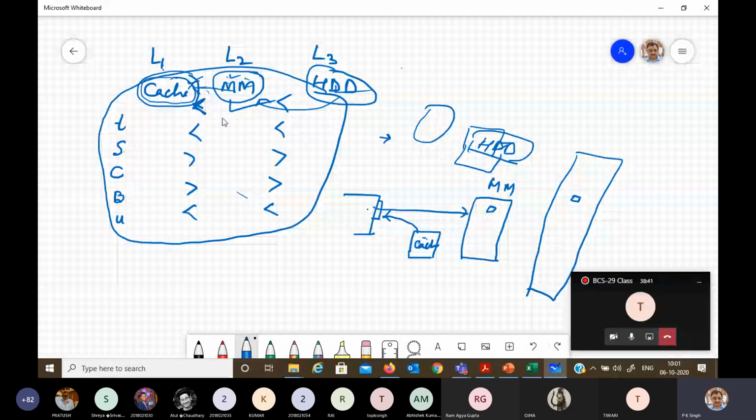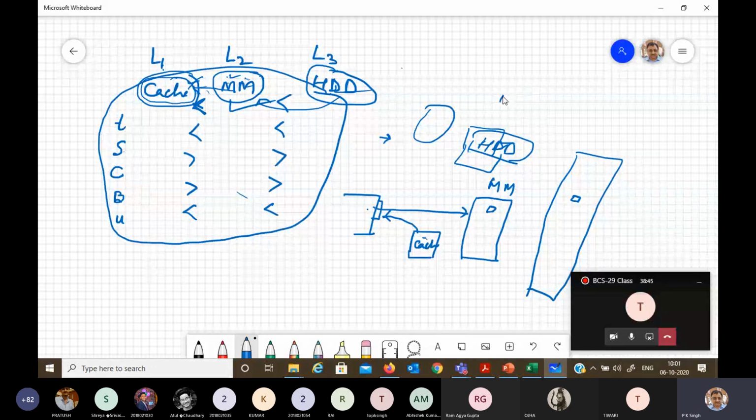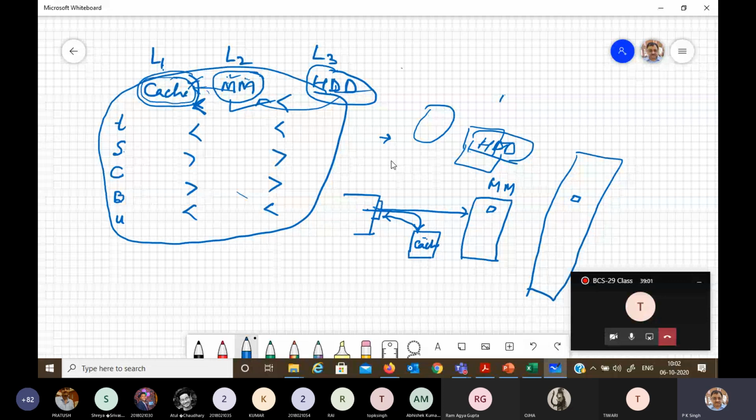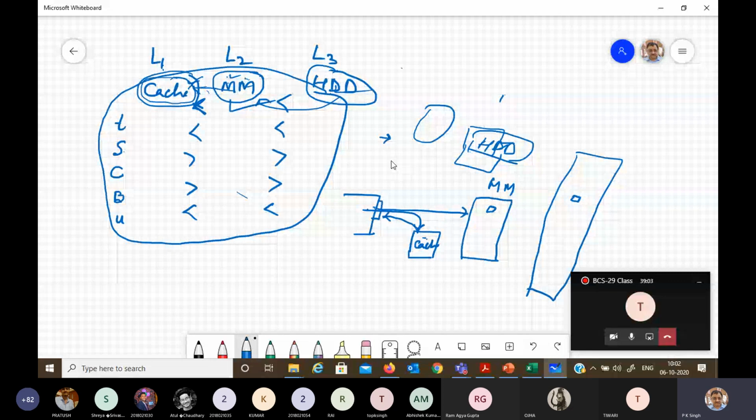If certain information gets modified by the processor, we have made an arrangement that the processor will generate an address, the address is selected, and then data is recorded at that address. Same as in the case of a read operation, so it will be recorded in cache memory.